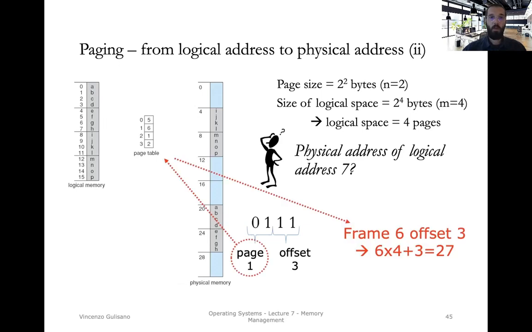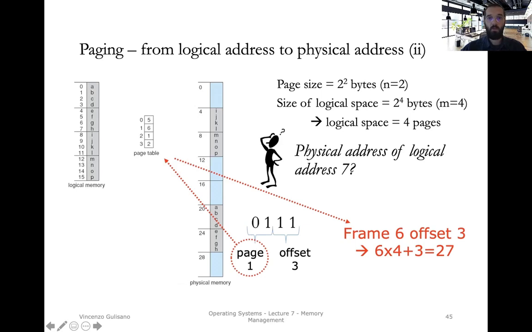Let's see. Page 1, you go in the page table, and it says that it's the 6th frame. So you do 6 times 4, because the size of each frame is 4. You add 3, which is the offset. So the physical address is 27.